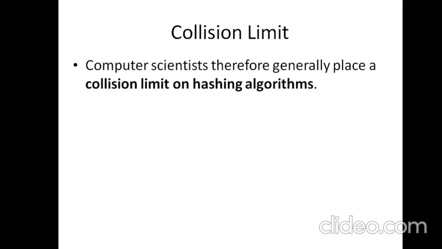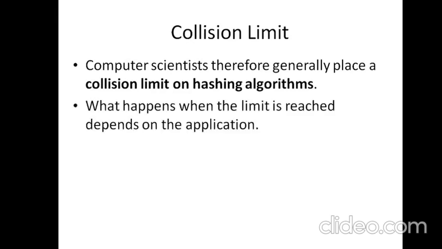One more concept is the collision limit. Computer scientists generally prefer to place a limit on the algorithm. Whatever algorithm is implemented, it should have a small number of collisions. Only then should it be implemented in a given situation. That is called the collision limit.